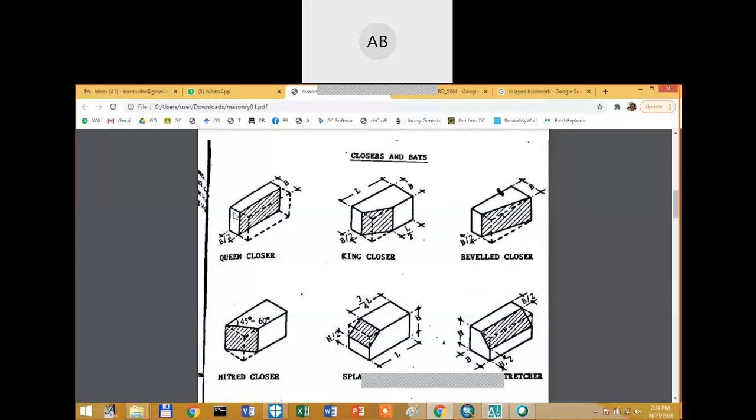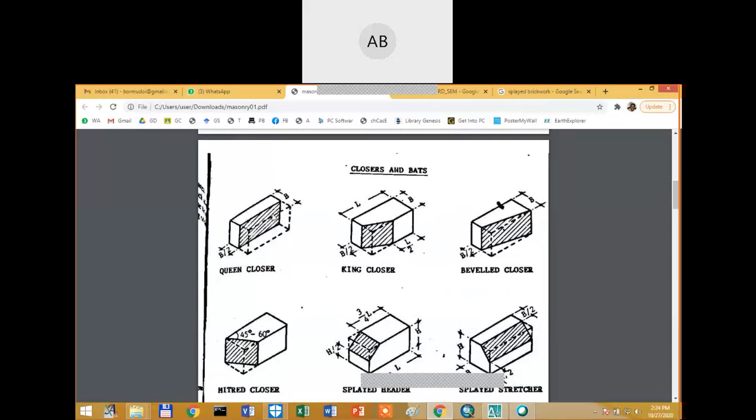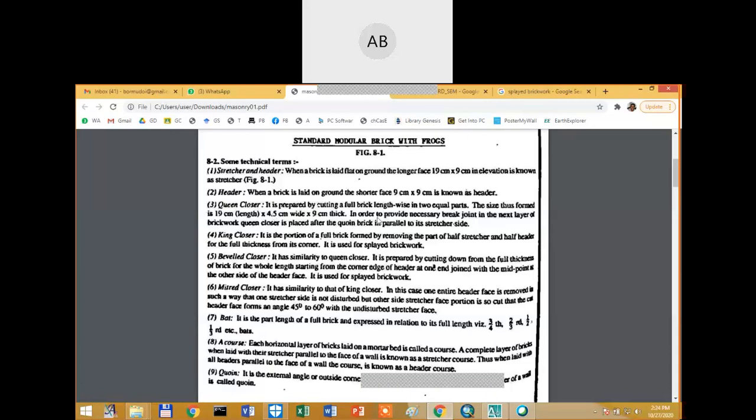When you cut the brick and use one part like this, it is called queen closure. In order to provide necessary break joints in the next layer, the queen closure is placed. You will see the use of the queen closure when you draw.